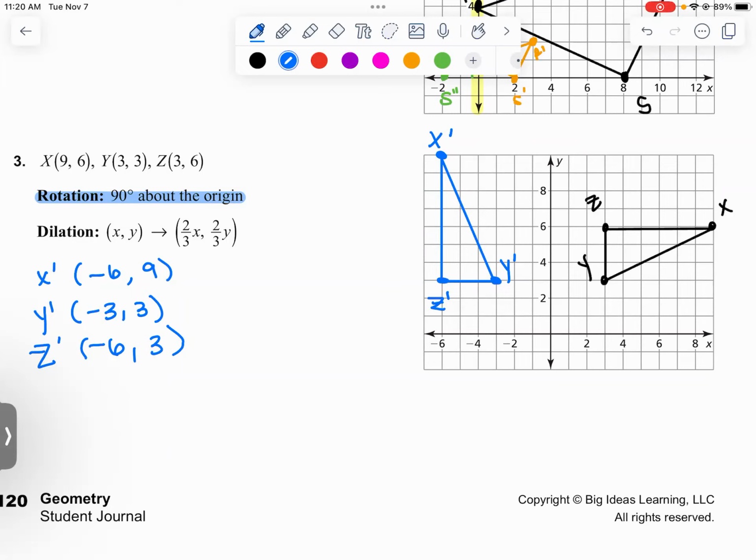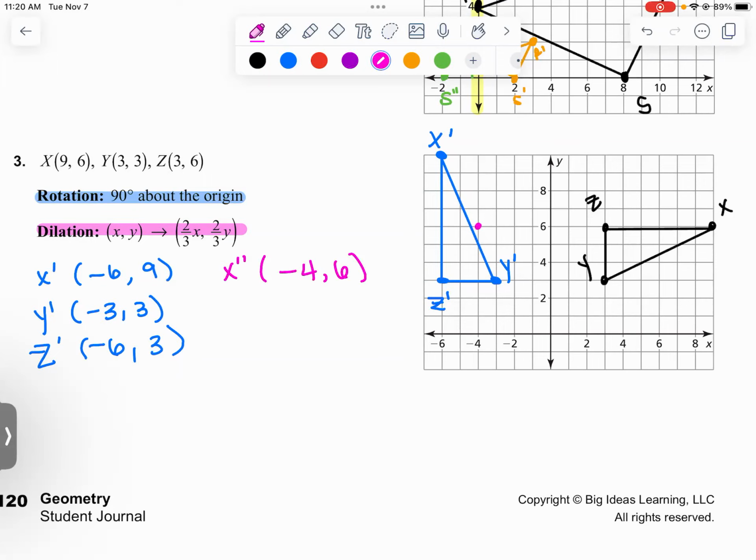Okay, so now using these coordinates, we need to perform the dilation, which we are multiplying our coordinates by 2/3. So when I multiply -6, 9 by 2/3, what do we get? -4, 6.